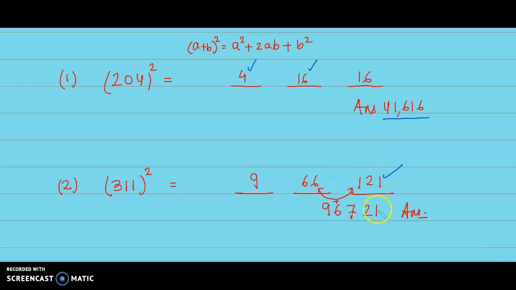So just note down the last number, 1, and 2, last and second last, and this one has to be added to the next number, that is 6. So 1 plus 6 becomes 7, and this 6 will remain as it is, and this 9 will remain as it is. So your answer becomes 96721. I hope my explanation was clear.